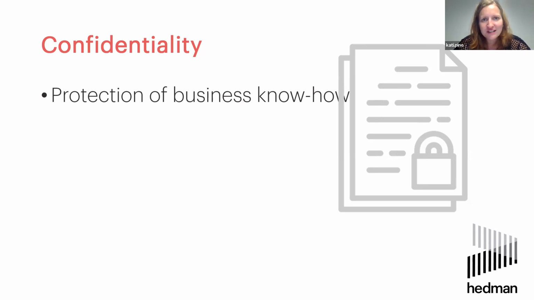And in case of damages, first you need to show that there was a breach, then you need to show that there was a damage, you need to show that there is a link between the breach and the damage, and you also need to show the amount of the damage, which might be very, very difficult to show, because once the confidential information is out, how can you say how much you actually suffered?